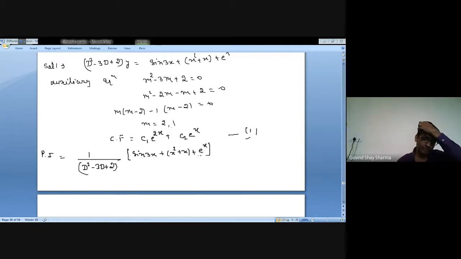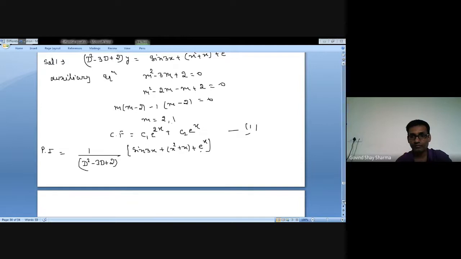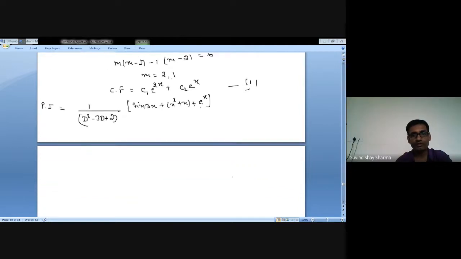Okay. Now we separate the terms: sin 3x upon D square minus 3D plus 2, plus x square plus x upon the same, plus e to power x upon the same.